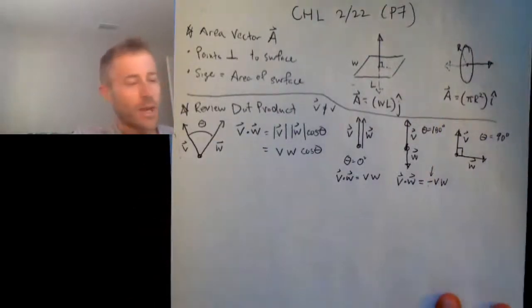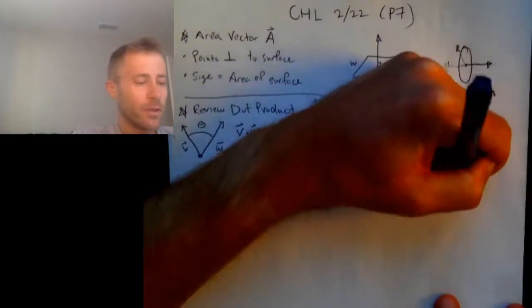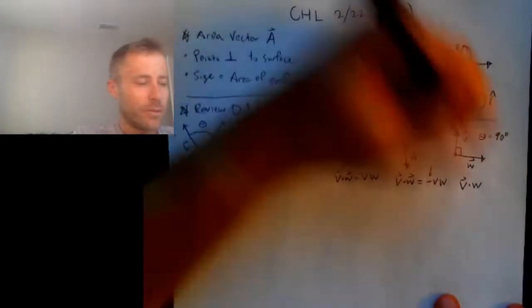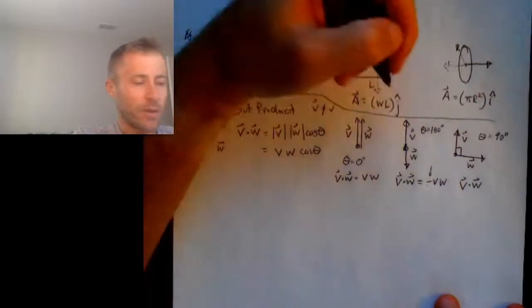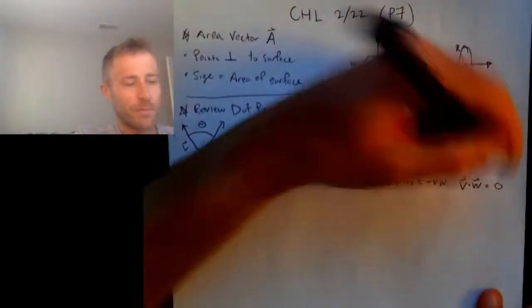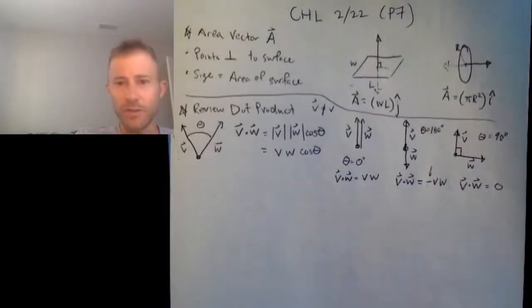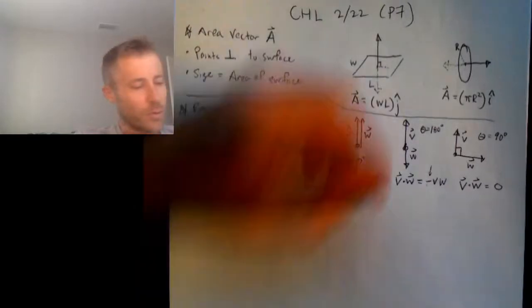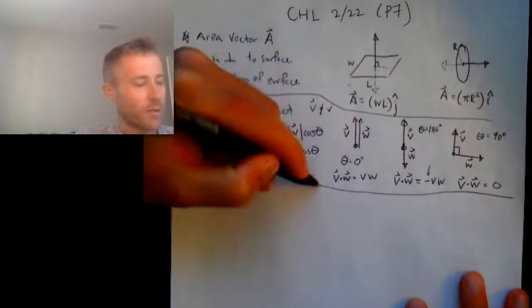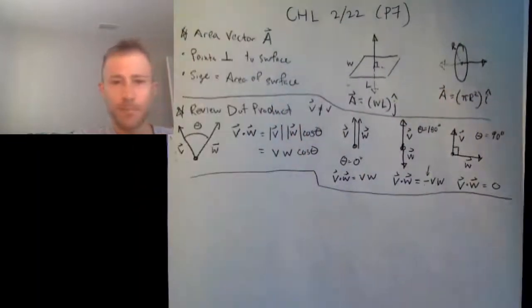And if they're at right angles, the dot product is going to be 0 because the cosine of 90 is 0. So these are the three most common cases of the dot product.